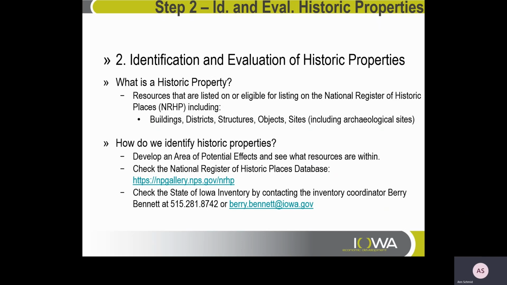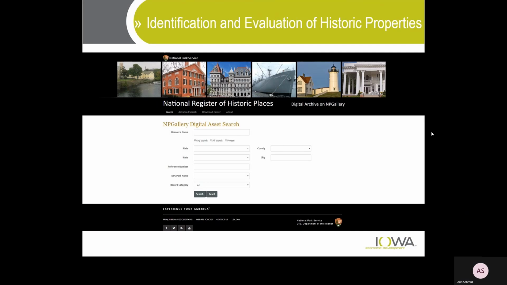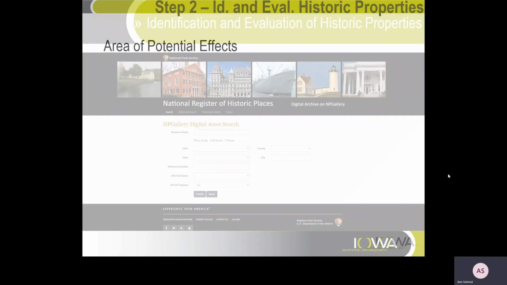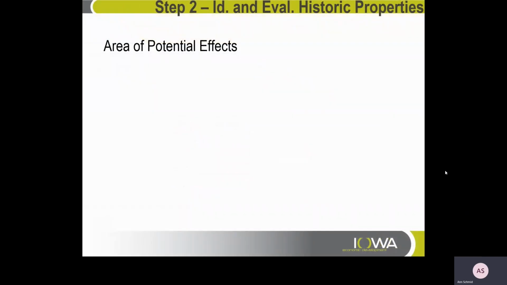And then lastly, we have to evaluate previously unevaluated resources. This is a screenshot of the National Register of Historic Places database. So, one place where you might go to check to see if a property is listed on the National Register. But as I said, the most important thing to do is start by identifying your area of potential effects.